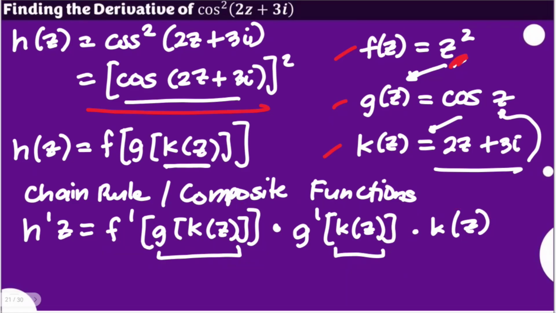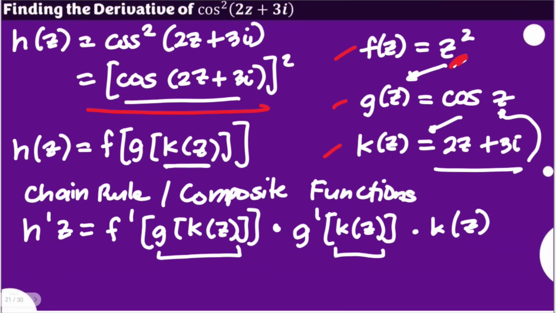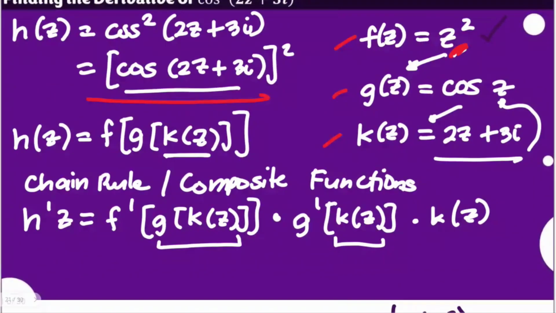So, let's do this step by step. Let's take the derivative of the entire function. You have here f of z is z squared. So basically, the derivative of z squared is 2z. But your z here is the entire function, which is this inside here.